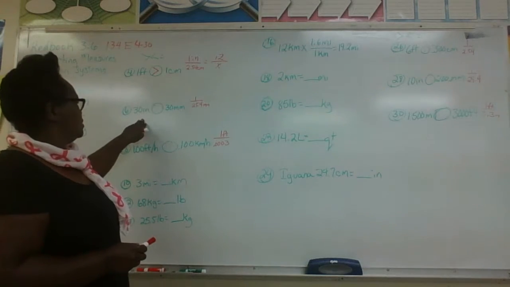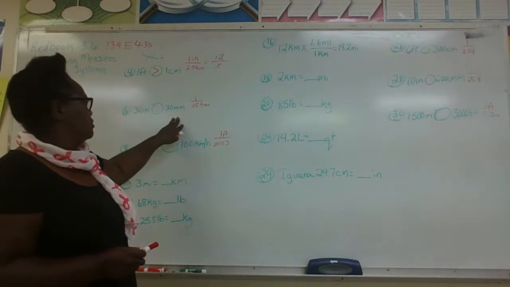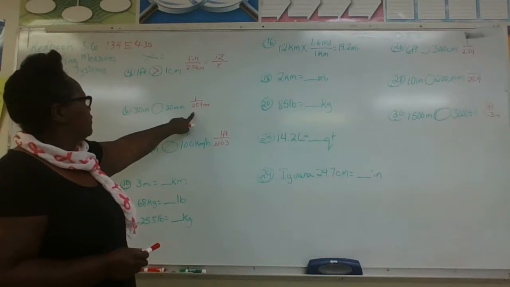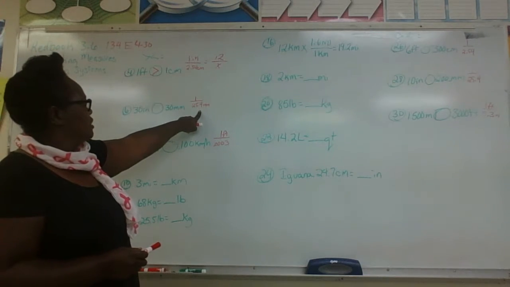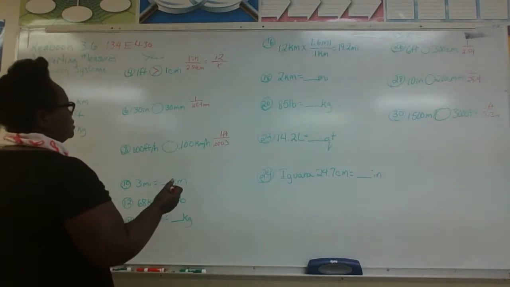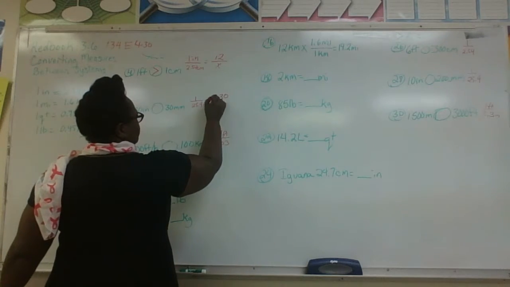We have 30 inches compared to 30 millimeters. Well, 1 inch is 25 and 4/10 millimeters. So now we want to know, how about 30 of them?